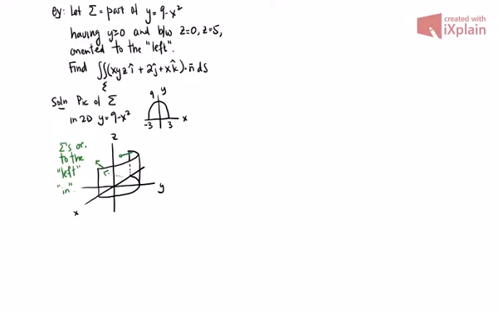So how do we do this? Well, we parameterize sigma. In this case, it's good to have a variable z because it goes from 0 to 5, and we know what y is in terms of x. So let's use x and z.